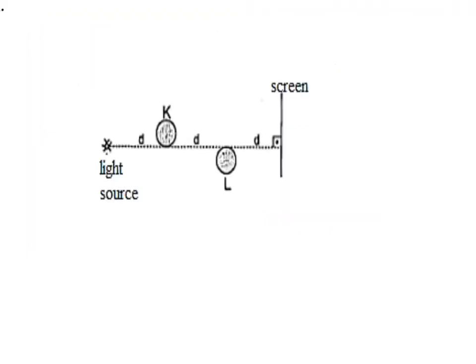Here we are going to draw the shadow formed on the screen. We draw lines tangent to the objects. Now you see that here a shadow of K is formed. You can find the ratio, let's say the object has a diameter of R. I'm going to draw two triangles.